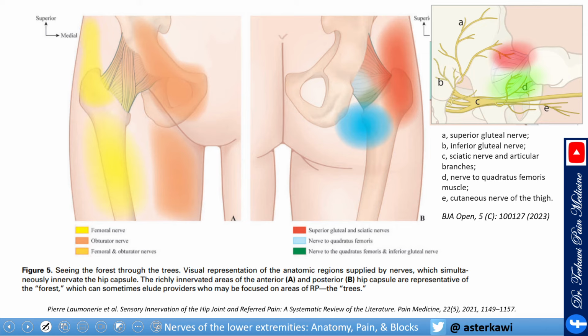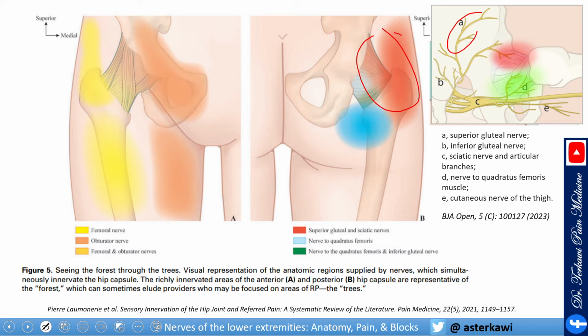Now here, let's look back at the posterior, which is more complicated. So here you have a branch of the superior gluteal nerve. The superior gluteal nerve really supplies all this area. So this is really applicable if you're trying to treat posterior hip pain, right?